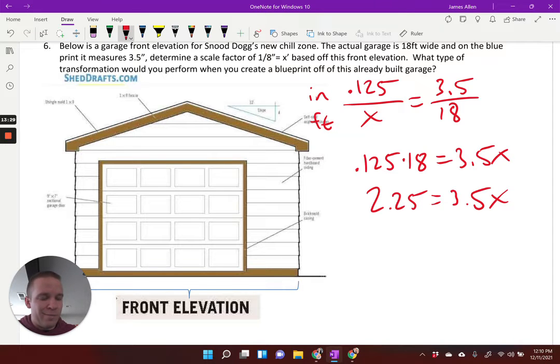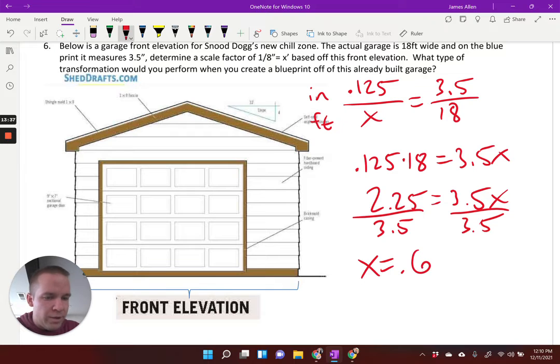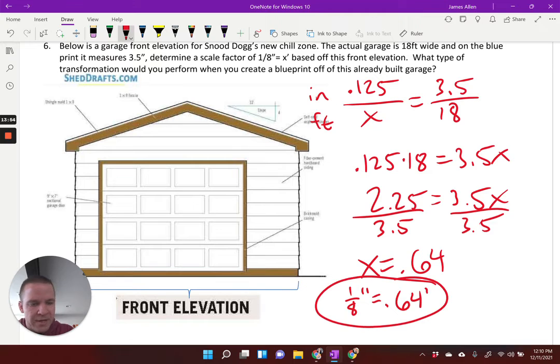And then we're going to divide by 3.5. X equals 0.6428. That's terrible. So we'll do 2 decimal places. So 1/8 inch equals 0.64 feet. That is my scale factor, and it is once again a dilation.